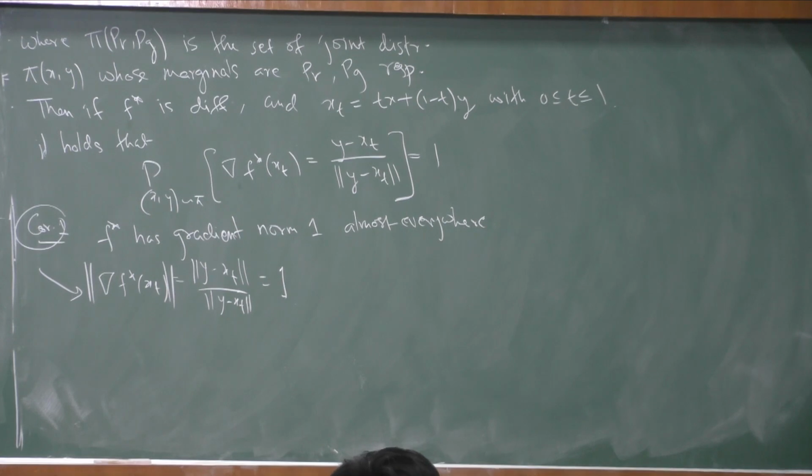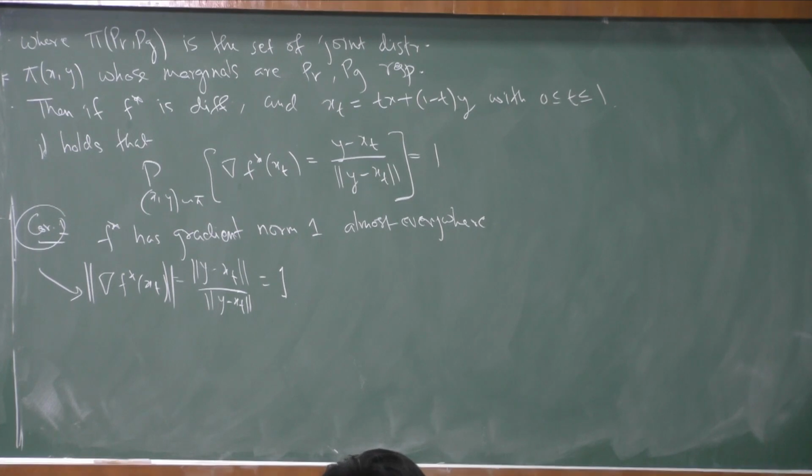What they say is that the WGAN reduces to this via Kantorovich-Rubinstein duality, and with this duality the existence of f star is there. That comes from the theory, so the existence proof is there.